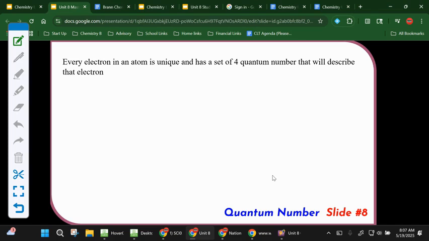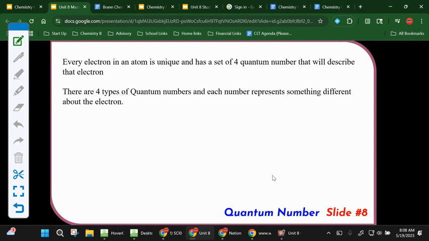And there are 4 numbers that describe every single electron. So for all 82 electrons around the nucleus of lead, there are 4 numbers to describe each one. So there better be a damn good pattern here if we're going to figure this out, because that's a lot of numbers, right? And there is.